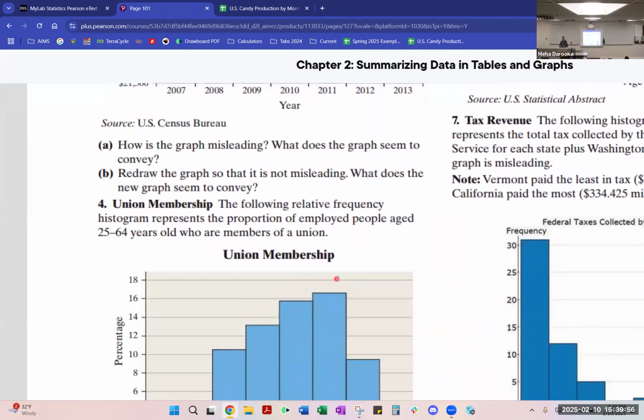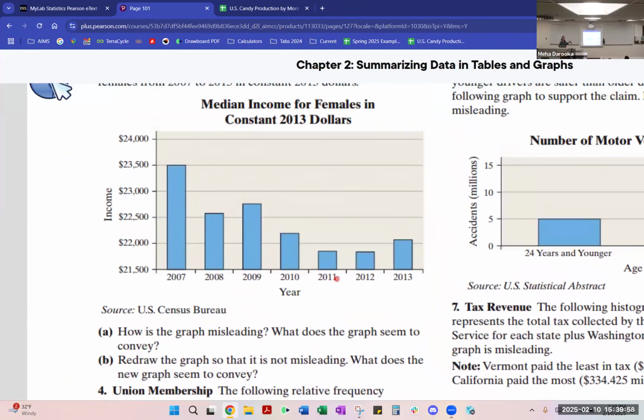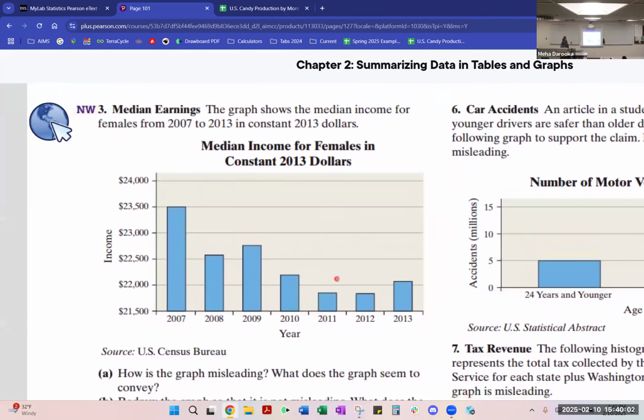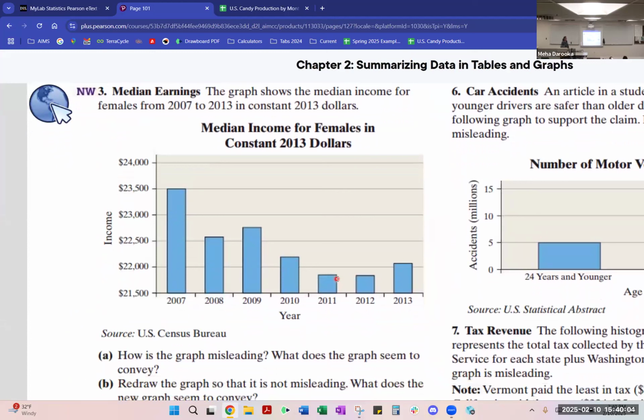All right, so you can see there are several different examples here. Those ones were the pictograph ones, but you can see graphs over here. This one is talking about the median income for females from 2007 to 2013 in constant 2013 dollars. So basically compared to 2013 dollar value. So what's the first thing that stands out that is misleading about this graph?